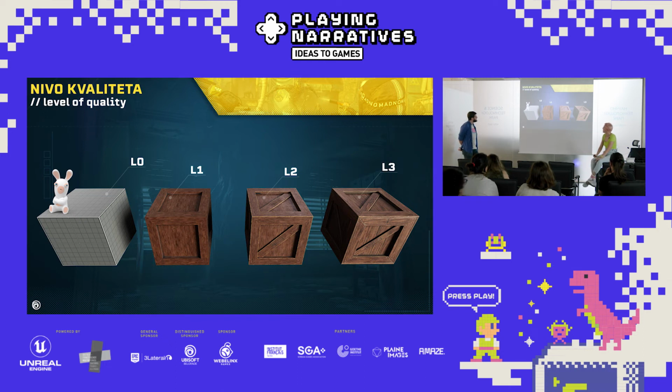Then we have the level of quality. This basically means when we get a shape or a model from our LD friends, it's not done in one day. It has to go through iterations. So you have, okay, this is going to be a crate. Then we make a basic shape of a crate, plaster a wooden texture on it. We don't unwrap it.